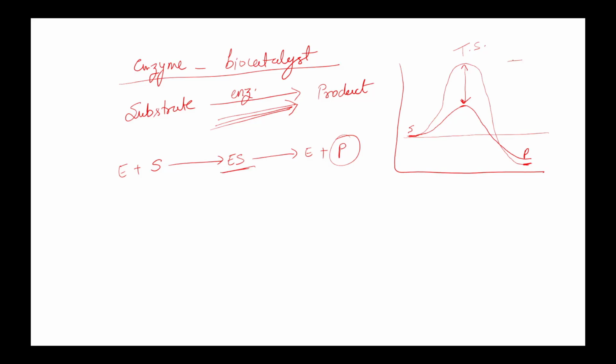So without enzyme, this was the activation energy which the substrate needed to get the reaction initiated. But with enzyme, now only this much activation energy is required for the substrate, which is a much easier process than reaching from here to there.